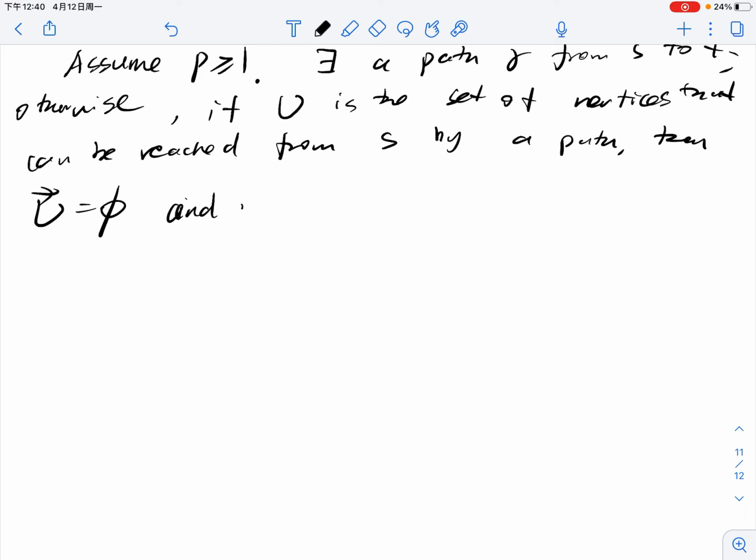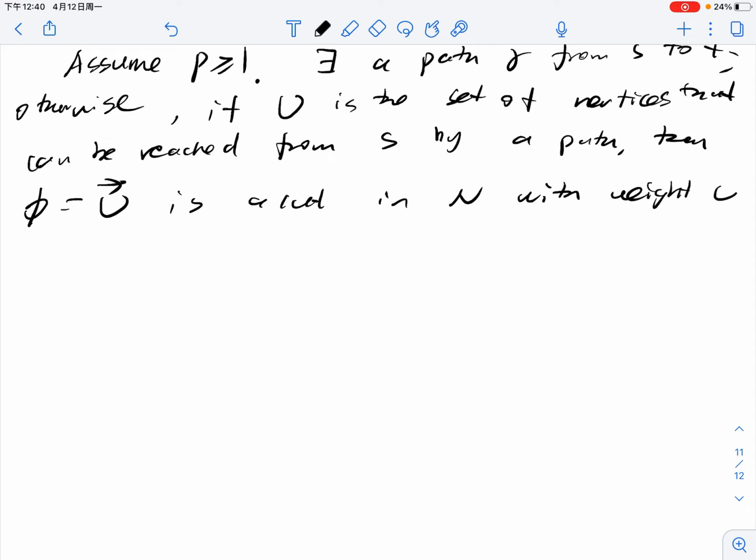And moreover, the empty leaving set is a cut in N with weight 0, contradicting p being greater than or equal to 1.